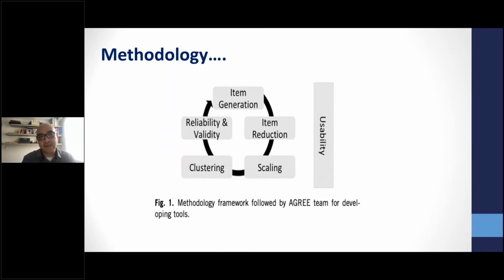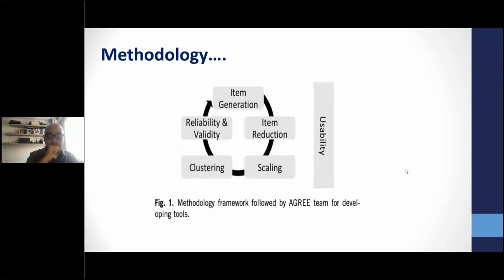The item generation goes through a huge process of item reduction and then scaling and clustering, in order to get clusters of domains that cover the same topic and encompass many items inside. Then we create a draft tool, and that tool goes through a long process of reliability and validity testing.